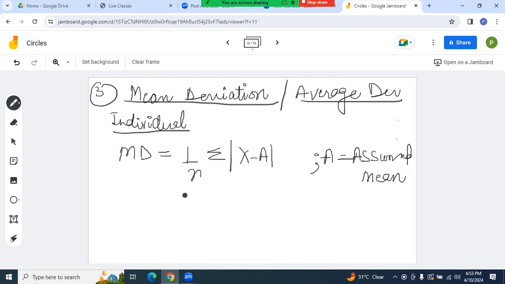Or we can write mean deviation is equal to 1 by n summation modulus of d, where d is x minus A.